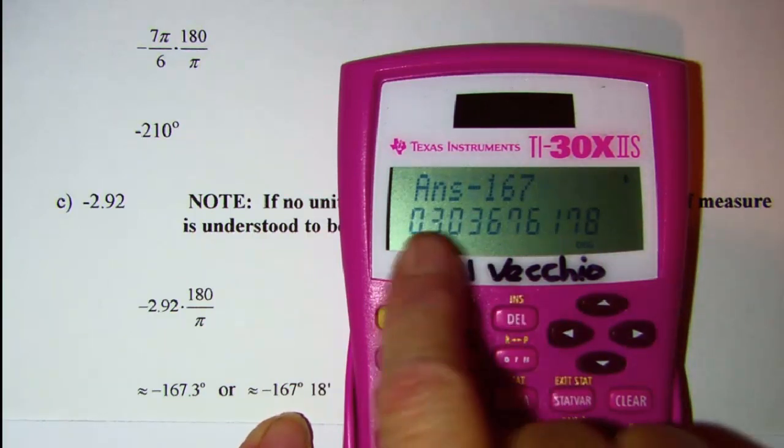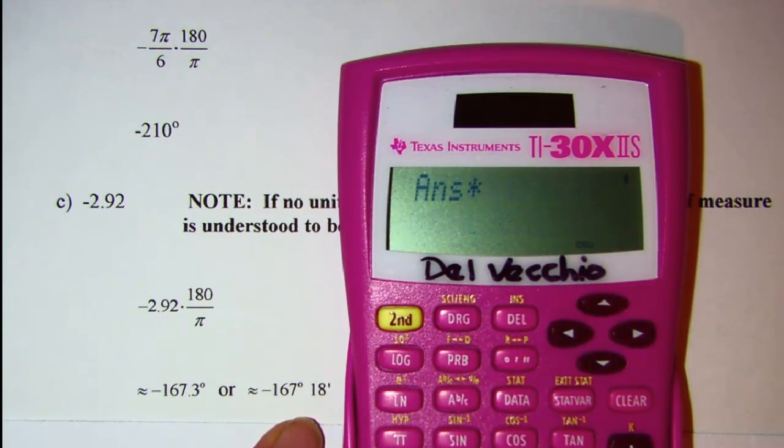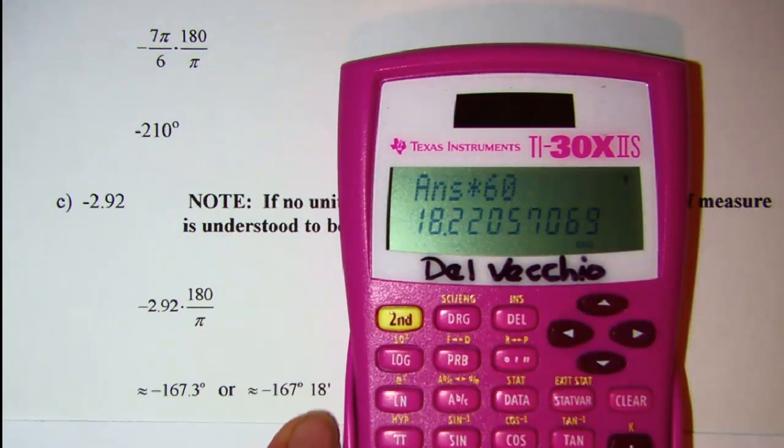And then the decimal part of that I can multiply by 60. So that's how I got the 18 minutes. And if we wanted to go on and do seconds as well, we could subtract the 18 off of there and multiply by 60 again. So that would be 13.2 seconds.